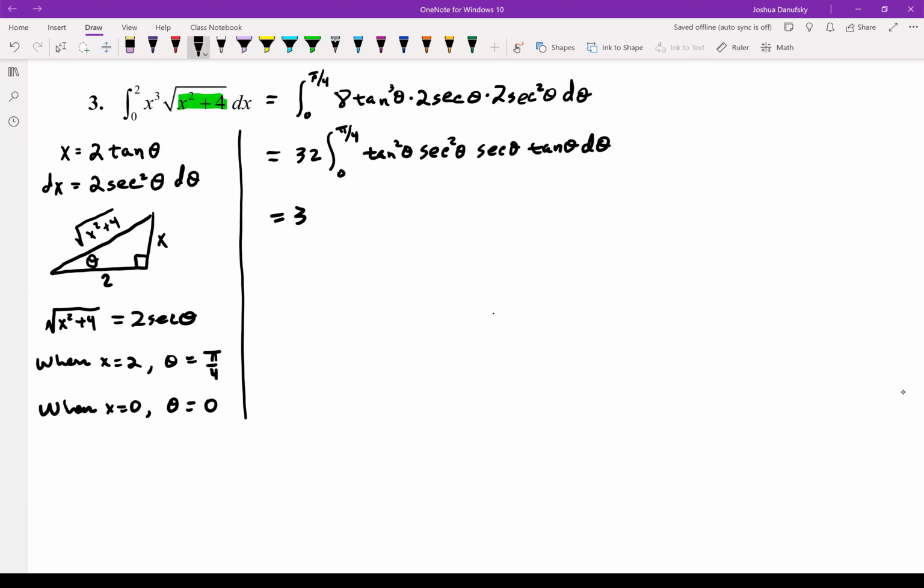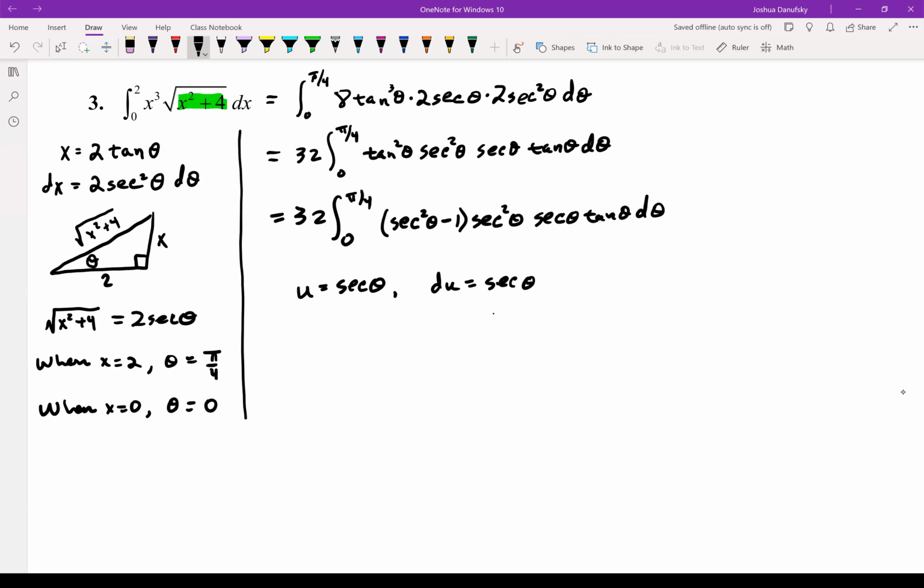So let's go ahead and replace our tan squared using the Pythagorean identity. Tan squared is equal to secant squared minus 1. We'll let u equal secant theta. That means du is equal to secant theta tan theta d theta.